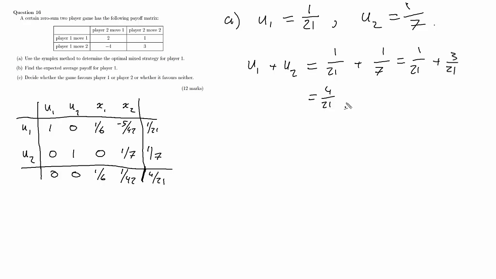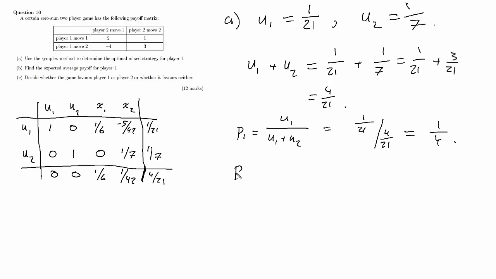So now we can say that the probability that player 1 should make move 1 is equal to U1 divided by U1 plus U2, which is 1 on 21 divided by 4 on 21, which is equal to 1 on 4.